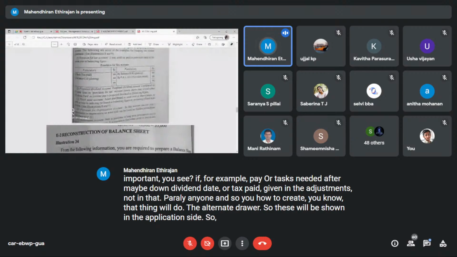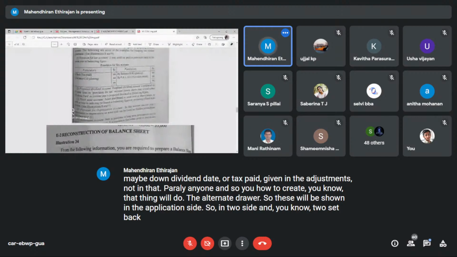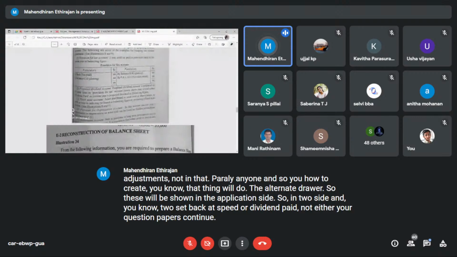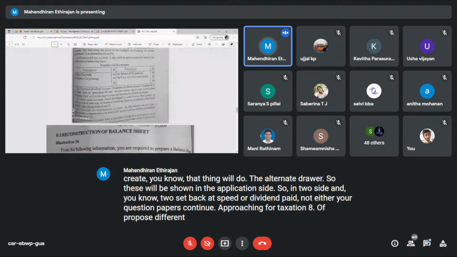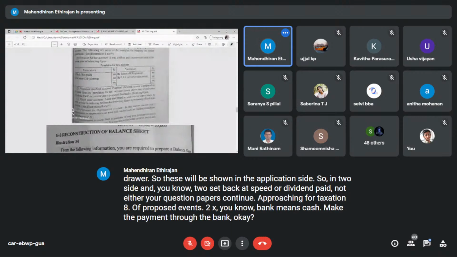So in the ledger, by bank, tax paid or dividend paid. Note it down. In your question papers, if provision for taxation paid or proposed dividend paid is given, it means tax paid, through bank, cash payment.